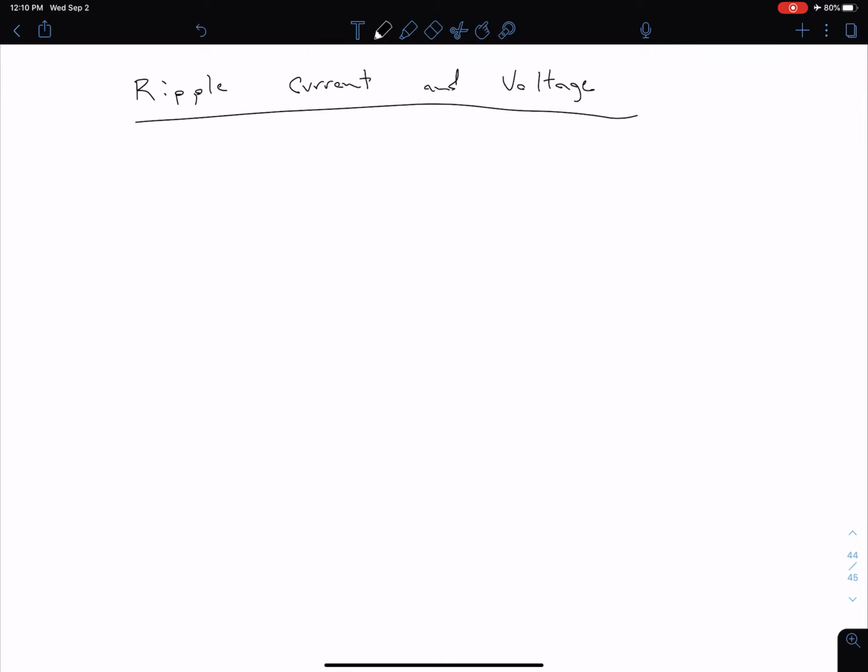Let's note here, we're looking at ripple current first. Our ripple current, we can call this delta I buck, and we can say that's equal to I2 minus I1. So that's how much ripple we have in that output current. Let's go back to our inductor IV equation.